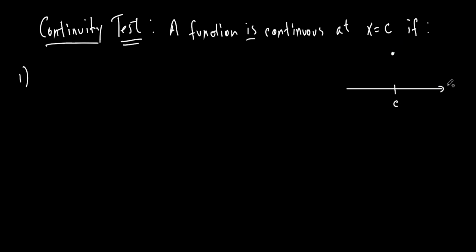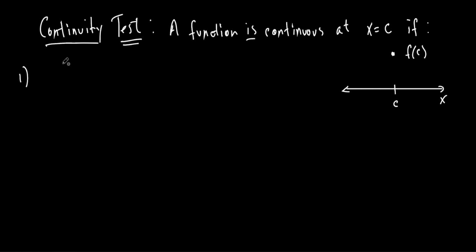Again, this is your x-axis. Here's point C, and here's what your function would be at point C. This is your f of c. I know that may not make a whole lot of sense to you right now, but let's write this stuff out, and then maybe we'll see if it does make sense.